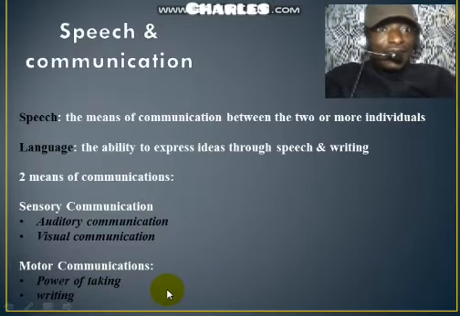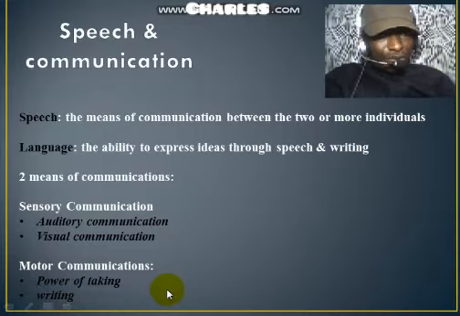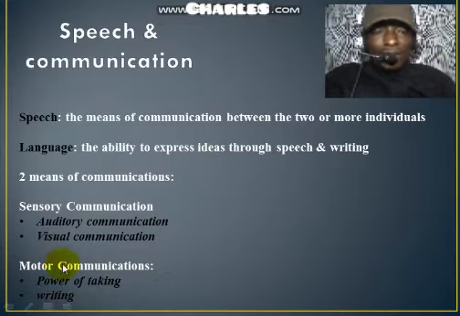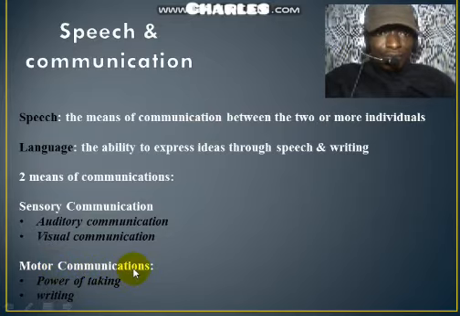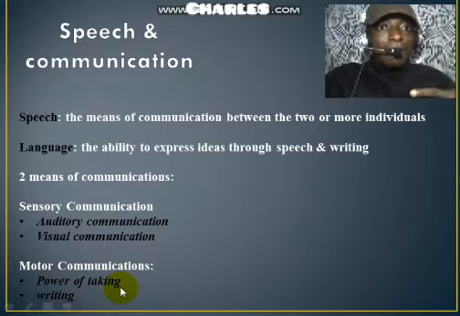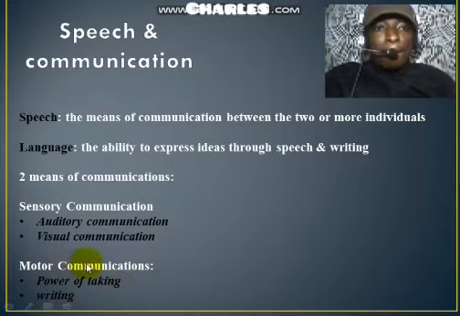Writing is controlled by the frontal lobe. Alright, it's a kind of communication that has to do with movement. It is motor. Anything motor has to do with movement. Alright, motor communication. Power of talking. My lips and my tongue are moving to produce speech, the words that I speak. So it is motor communication.